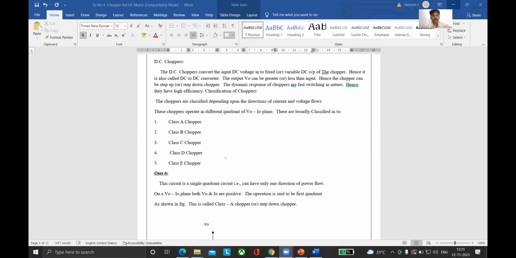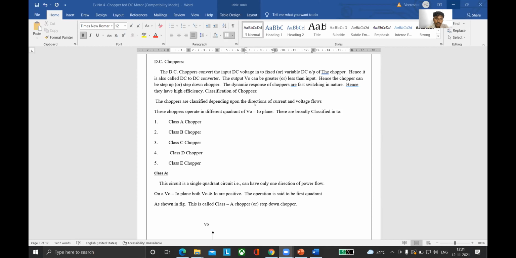Yes, the choppers have been classified into 5 types: class A chopper or type A chopper, class B chopper or type B chopper, class C chopper or type C chopper, class D chopper or type D chopper, and the fifth one is the class E chopper or type E chopper. Clear?